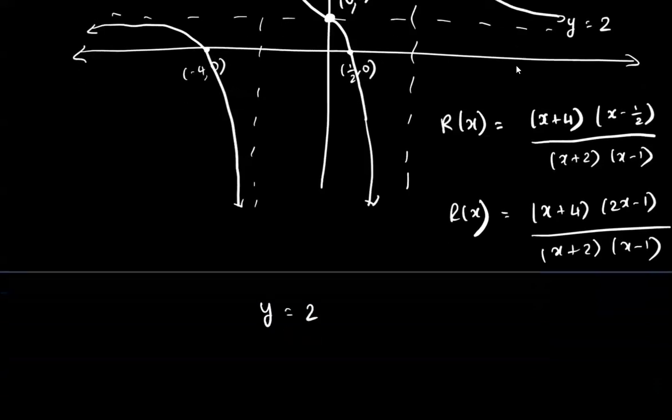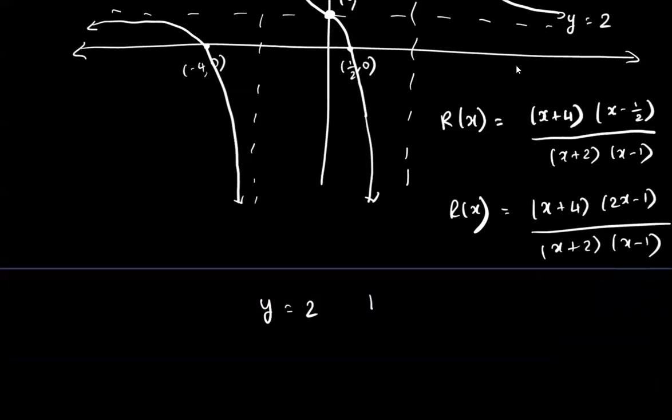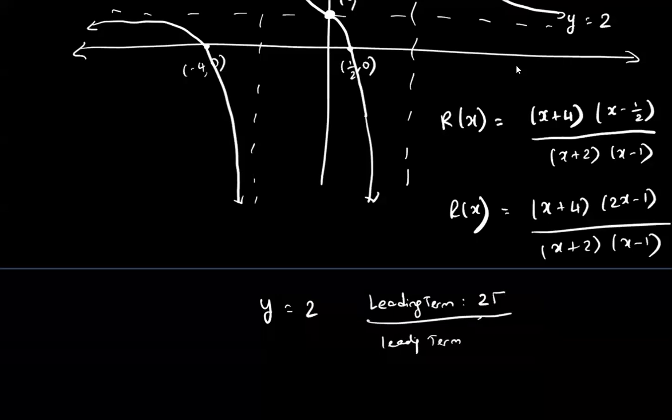That tells me immediately that the leading terms of the numerator and the denominator should be, this has to be 2 times x to the power of something. These two powers have to match, right? So basically this box and this box have to match, but the leading coefficient of the numerator is twice the leading coefficient of the denominator.